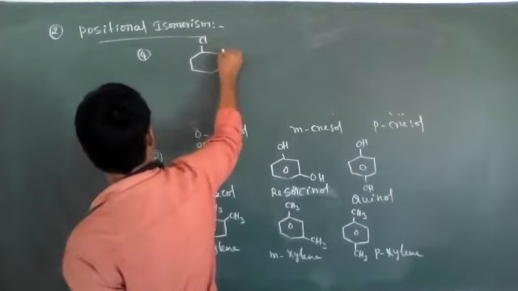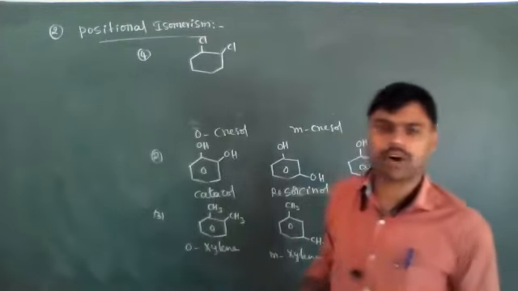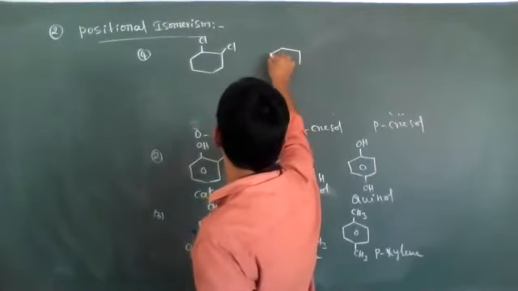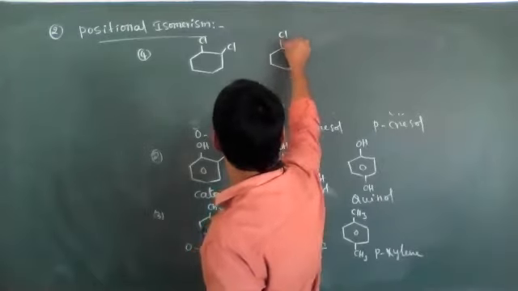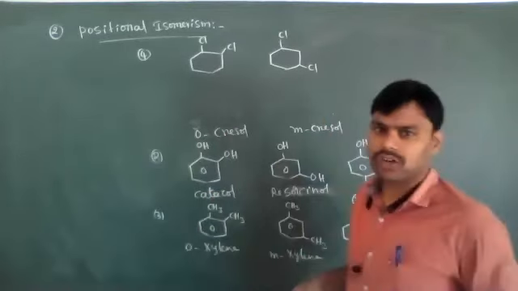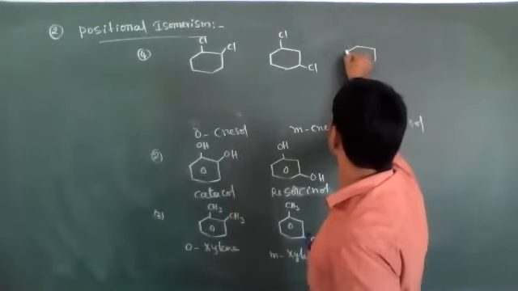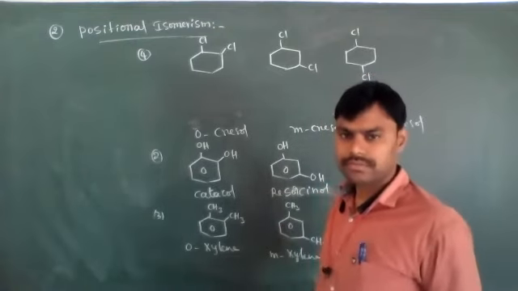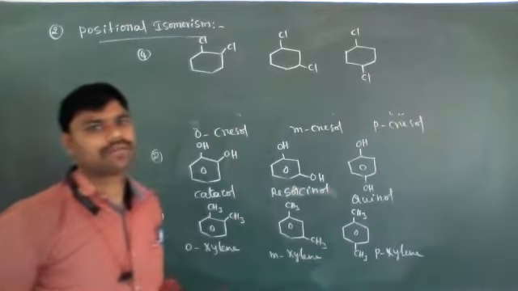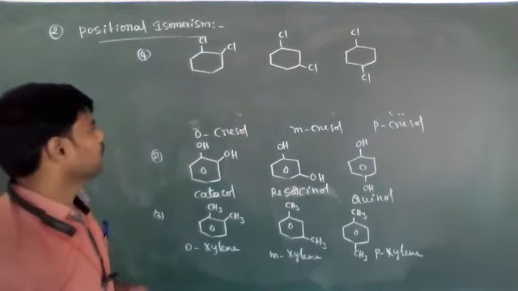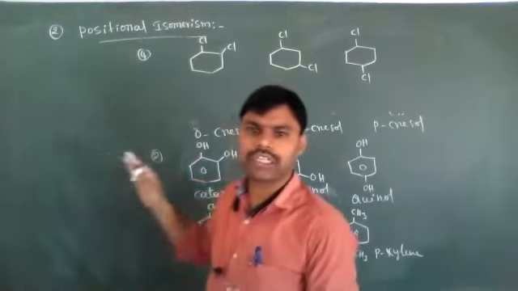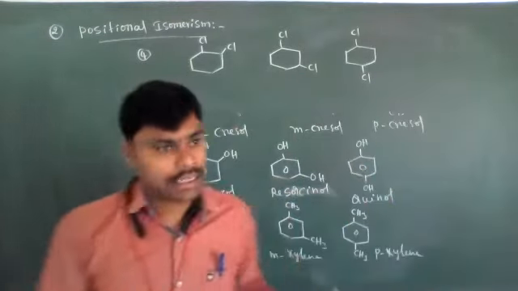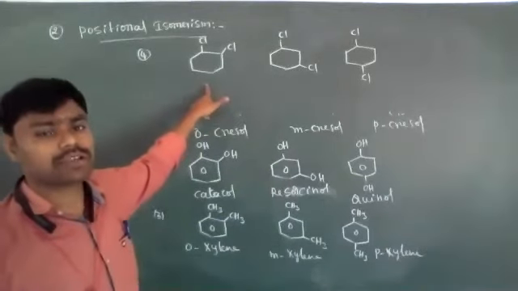Cyclohexane having two substituents: two chlorine substituents at 1 and 2 is 1,2-dichlorocyclohexane, 1,3-dichlorocyclohexane, and 1,4-dichlorocyclohexane. Those also belong to positional isomers. Instead of two chlorines, if you take one chlorine and one bromine, that example also belongs to positional isomers.